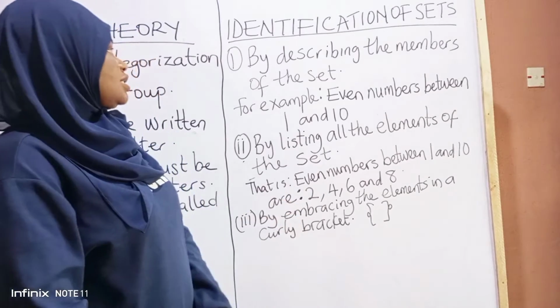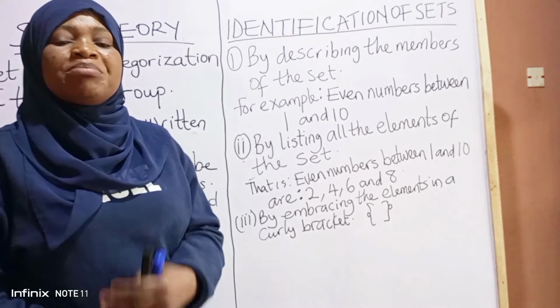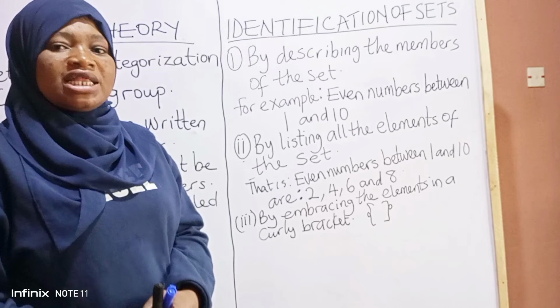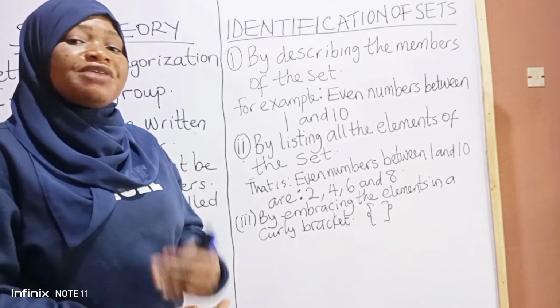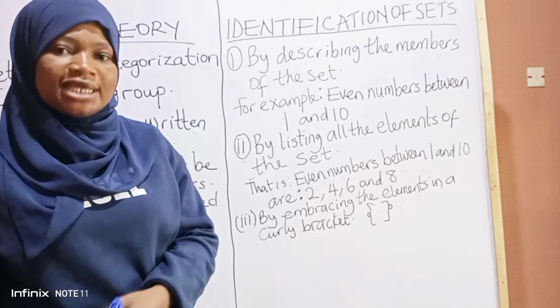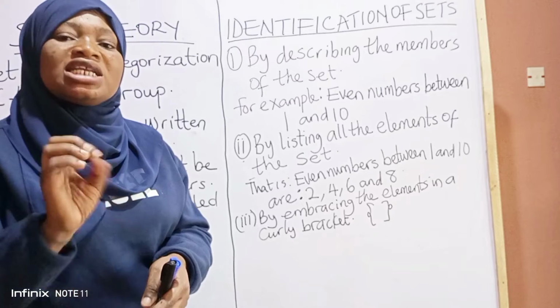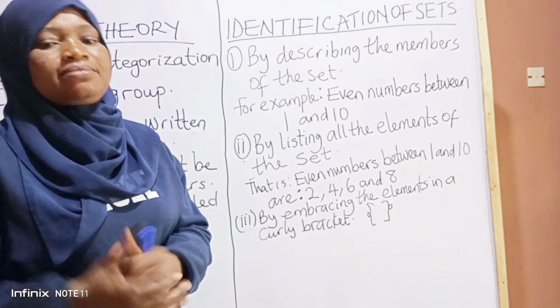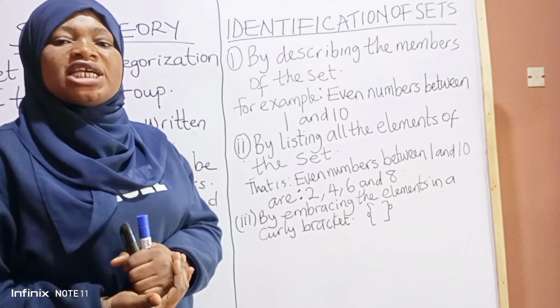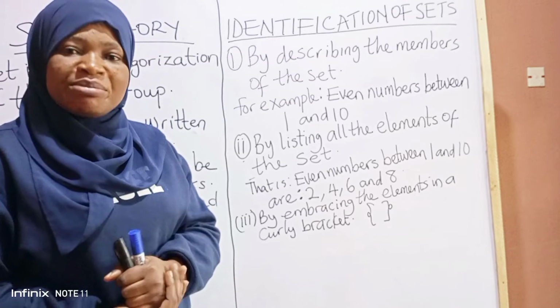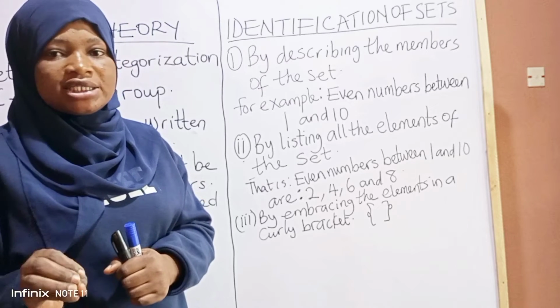Identification of sets. You have to describe the members of the set. That is, if you want to write even numbers between 1 and 10, you have to describe exactly the numbers that you want to write in a set. The second one is that you have to list the elements or members of that set.